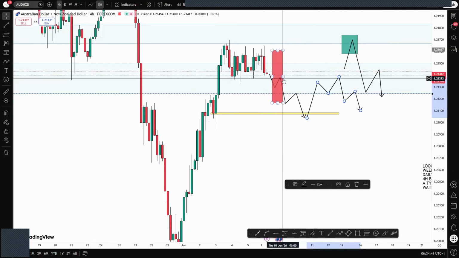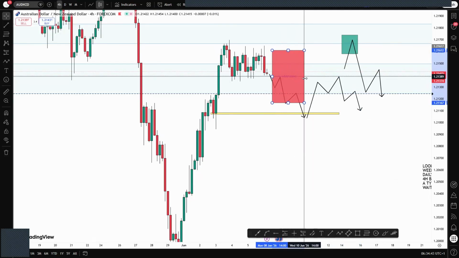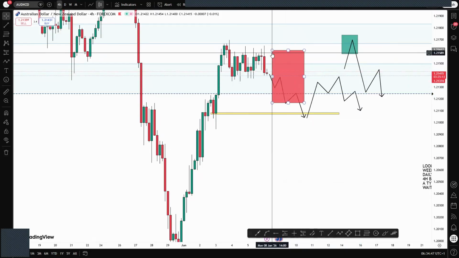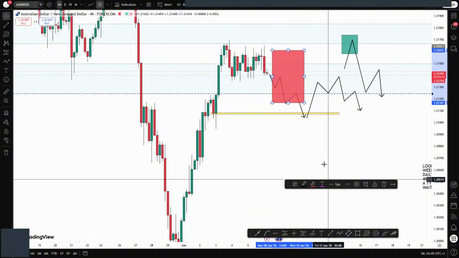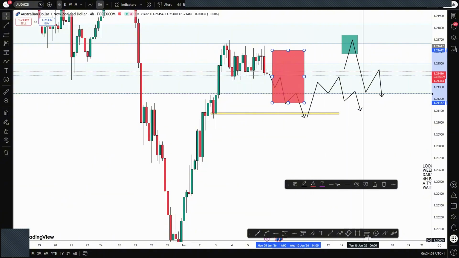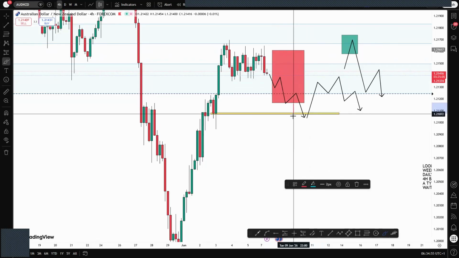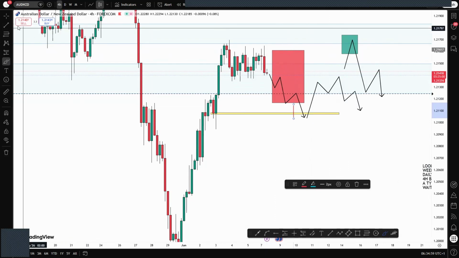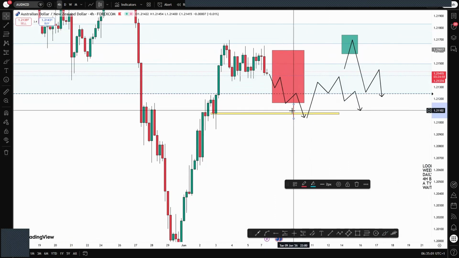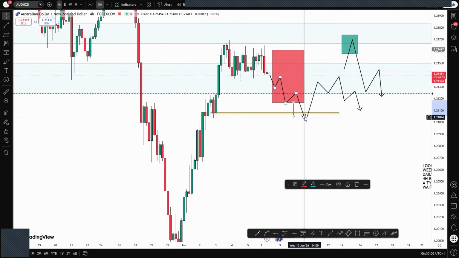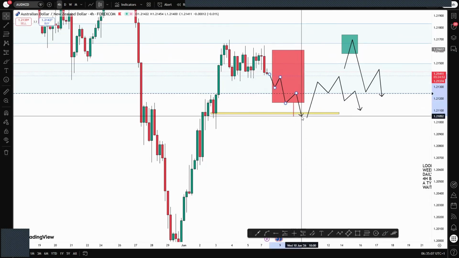Let me just do something like this. And let's say this is the weak pullback on the daily time frame. So this weak pullback on the daily time frame can easily be a 4-hour shift like you saw, and the market closes like this in the 4-hour time frame.